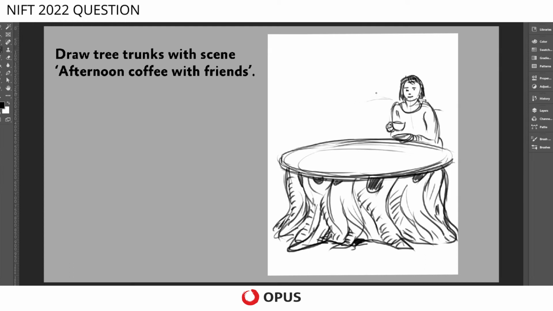and then you can add another figure which is sitting just by her side, and she is also holding a cup.